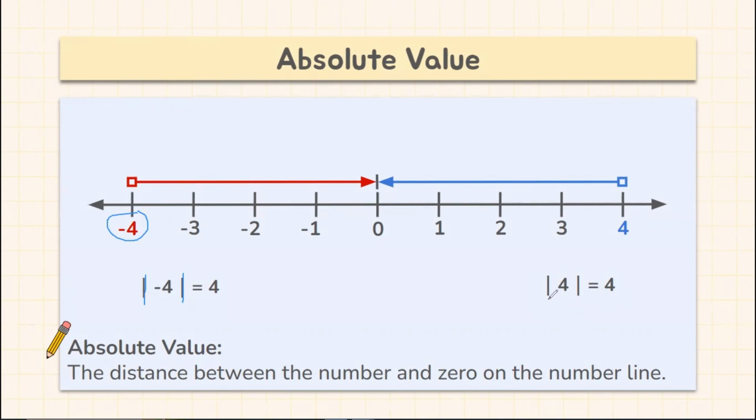On the other side here, the absolute value of 4 also equals 4 because 4 is also 4 away from 0 on the number line. 1, 2, 3, 4. So we show absolute value by drawing these 2 lines, and the number that you're going to find the absolute value for is going to go inside of here. So if I had -3, the absolute value of -3, how far away is -3 from 0? It is 3 away.